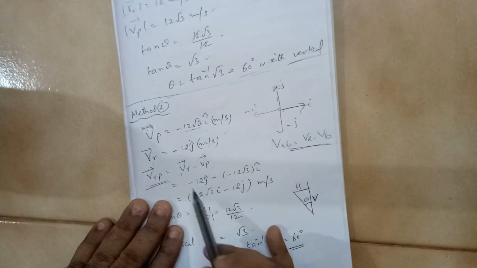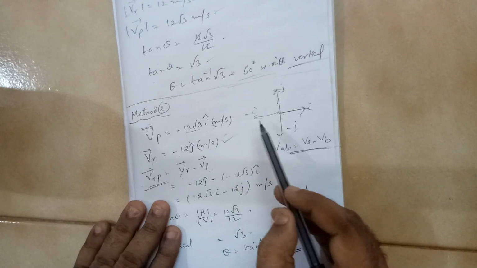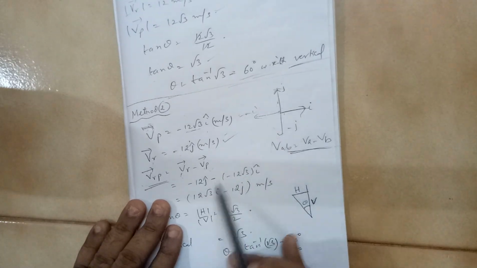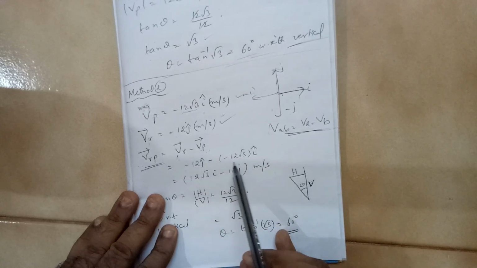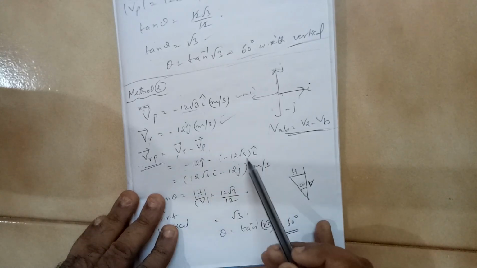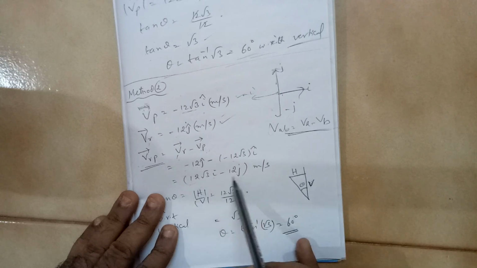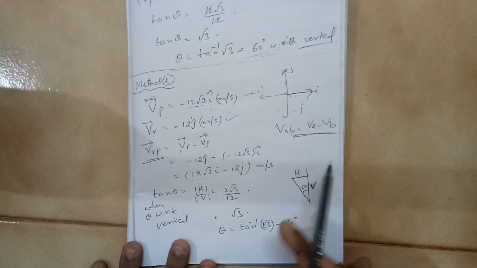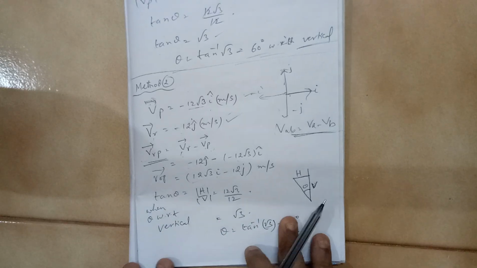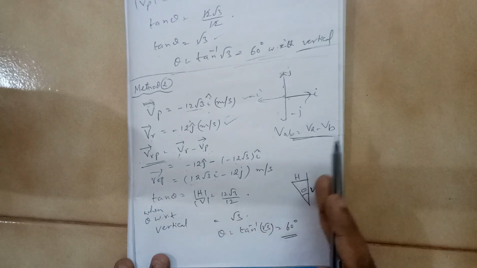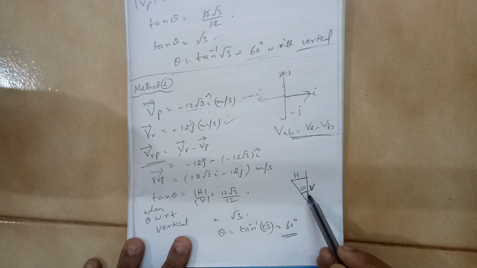So here VR is this vector, VP is this vector. So simply take VR, which is minus 12J, minus of this vector, which already is a minus. So you finally get 12 root 3 I minus 12J. So this is the vector you got. You want to calculate the angle here with respect to the vertical. That means you want to calculate this angle.